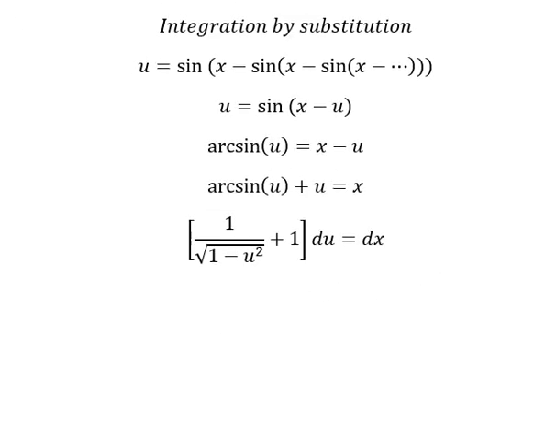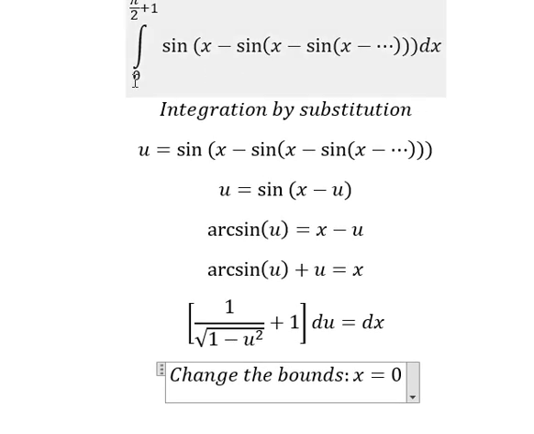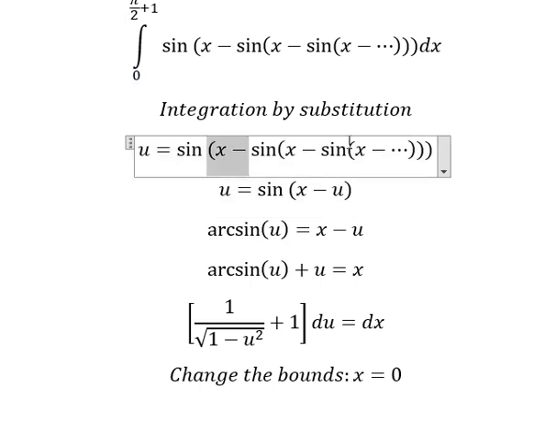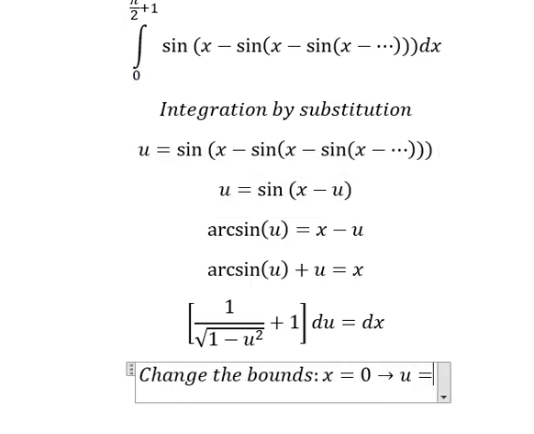Now we need to change the bounds. When s equals to number 0, we put number 0 here, and we have u equals to number 0.